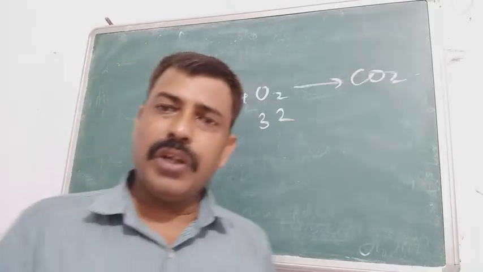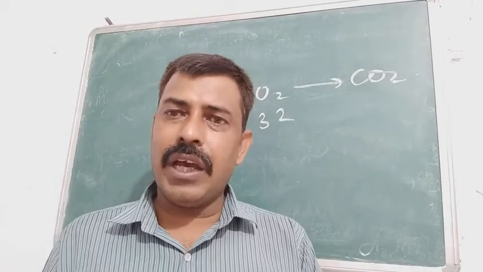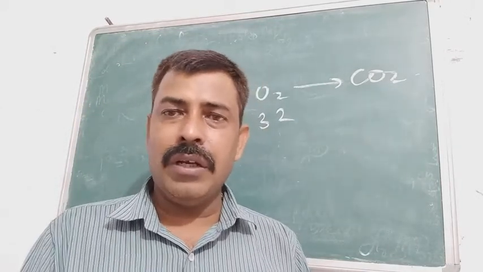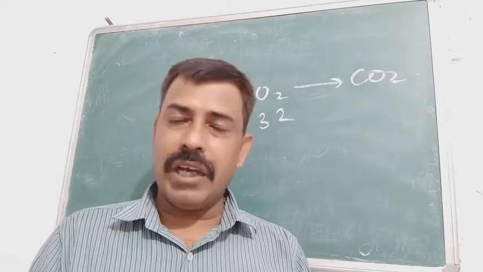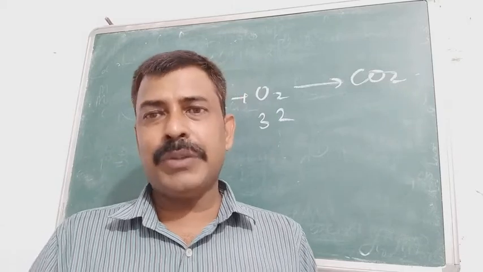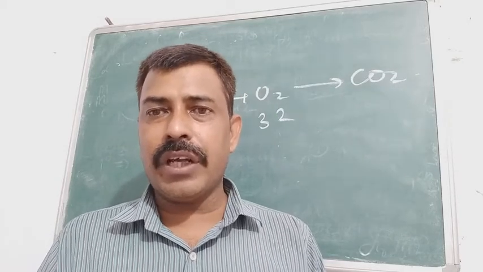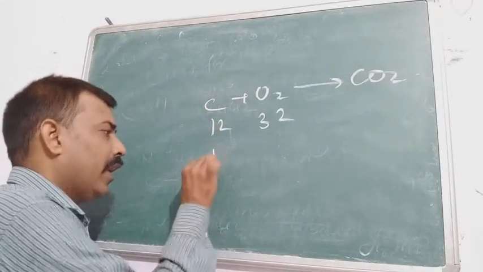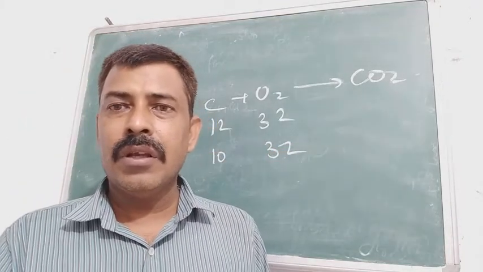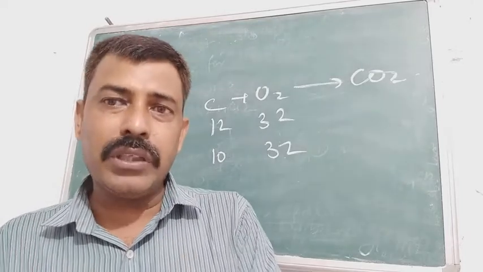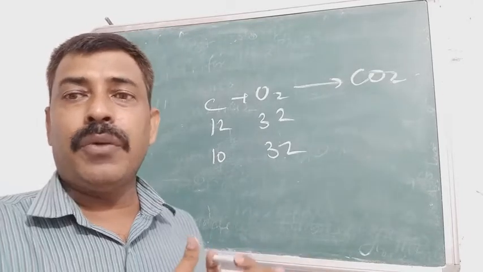But it is not necessary that every time the same amount that is needed is available. And if the same amount is not available, then what happens? There may be only 10 gram of carbon along with 32 gram of oxygen. That means before the consumption of oxygen, the carbon will be consumed.